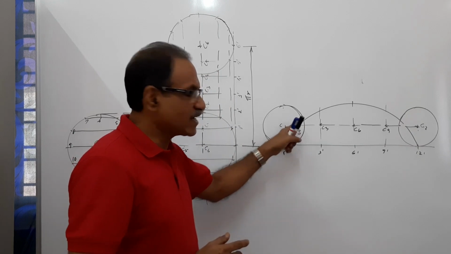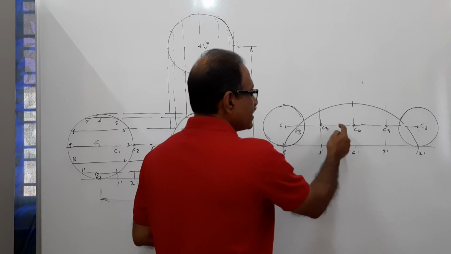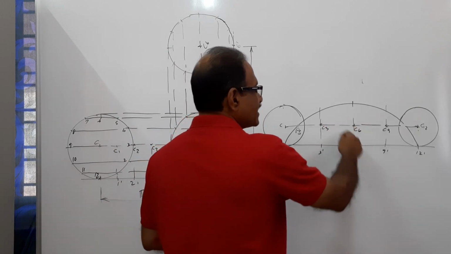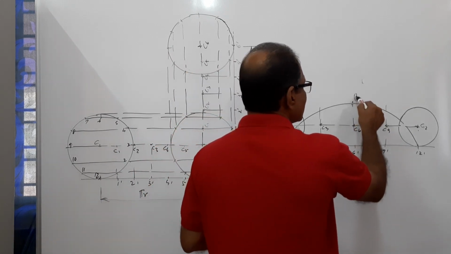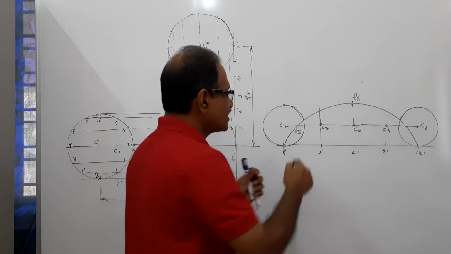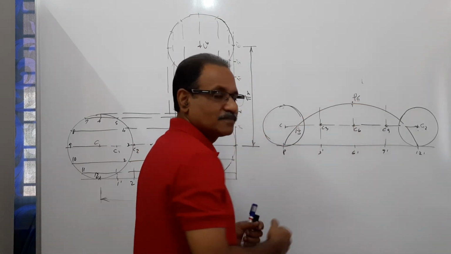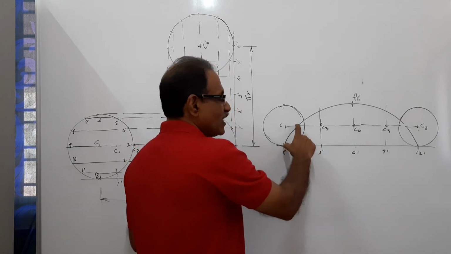Agreed? P to P3. Okay, now the circle rolls from C3, the center moves from C3 to C6. When the circle is at C6, where is P6? P6 is here. So what is the path traced from P3 to P6? A big path. So when it rolls 1/4, it traces only this much.